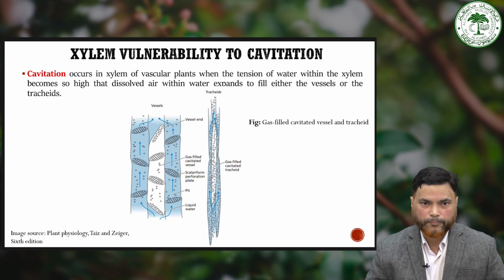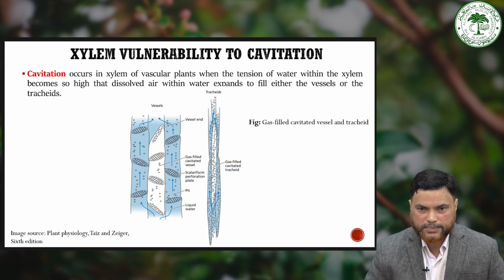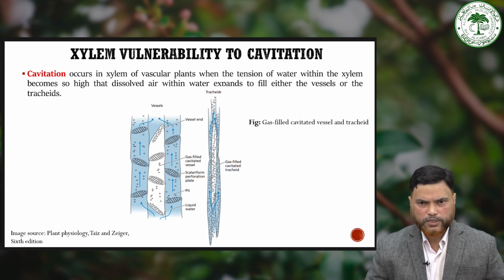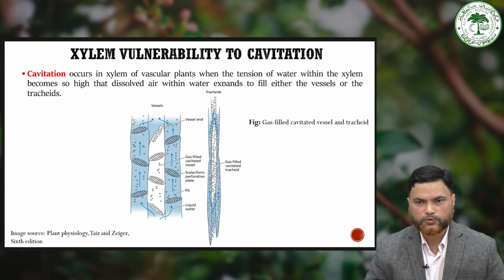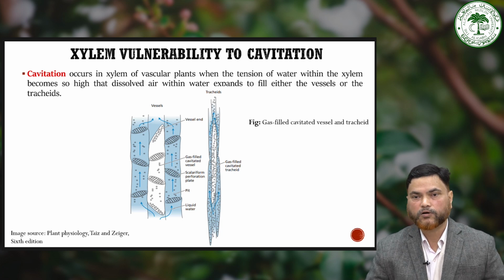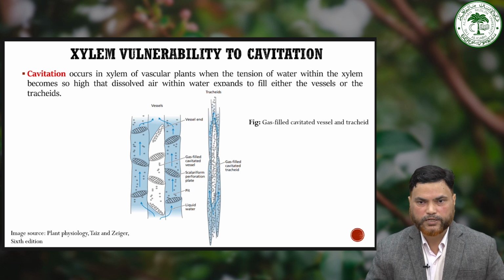As you see in the diagram, on the right side the gas is contained within a single cavitated tracheid, while on the left side gas fills an entire cavitated vessel, and the water moves through the adjacent unembolized xylem. In addition to this, many plants have secondary growth in which new xylem forms each year, and the production of new xylem conduits allows plants to replace losses in water transport capacity due to cavitation.